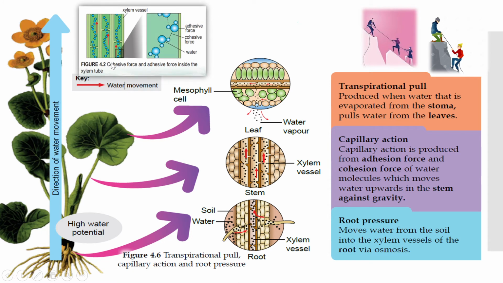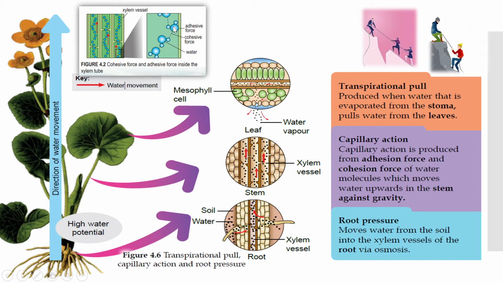Let's bring you back to this one, figure 4.2, which is from your Form 4 textbook. When you learn about chemical composition in cell, about the water molecules, you see this is a molecule of water, oxygen with the 2 hydrogen. There's another water molecule over here.